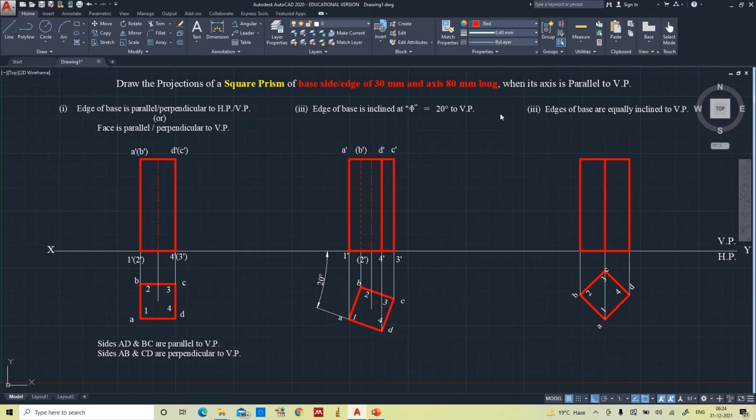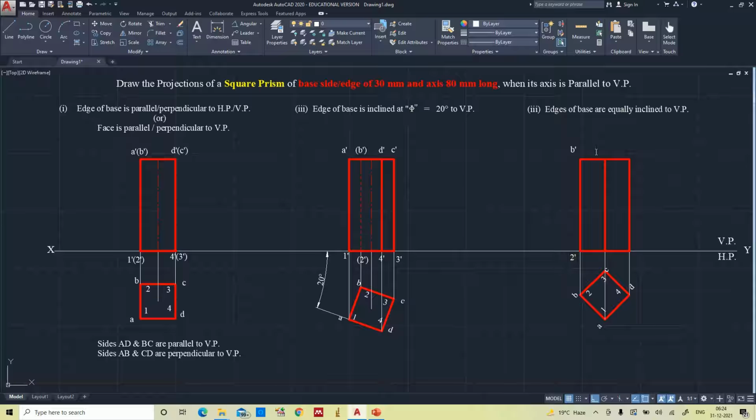Point 4, yeah. Now let us give the notations. As I said, this will be the upper base B dash and the bottom base is 2 dash.